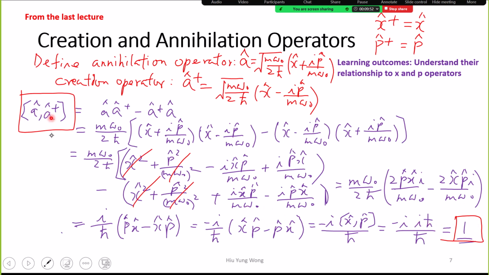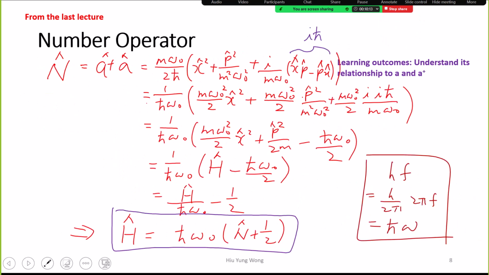We find that A and A dagger also do not commute with each other, and the value is 1. Is that okay? We don't go through the math again, but here we learn another thing: the commutator of A and A dagger equals 1. Just put it in your cheat sheet, or you know what to look for when you need to derive any equations.